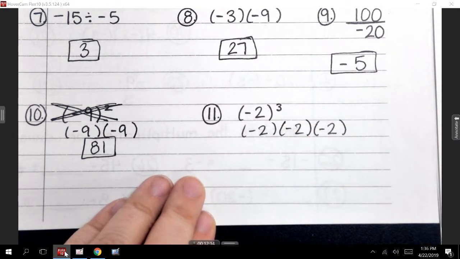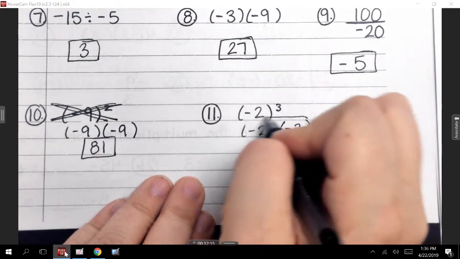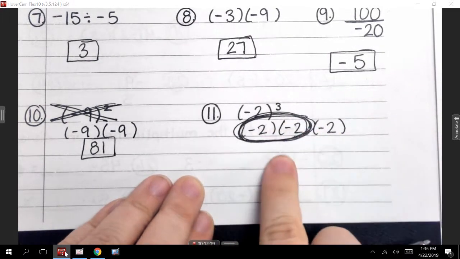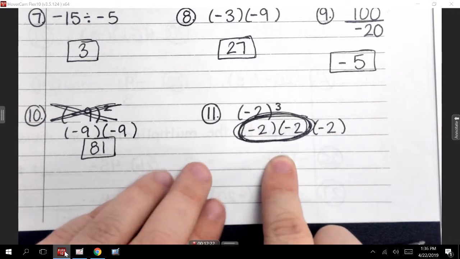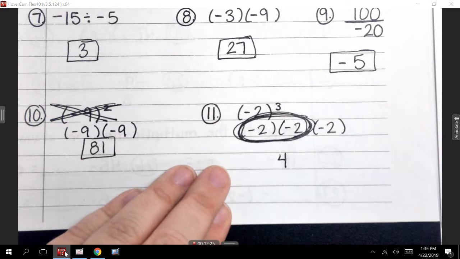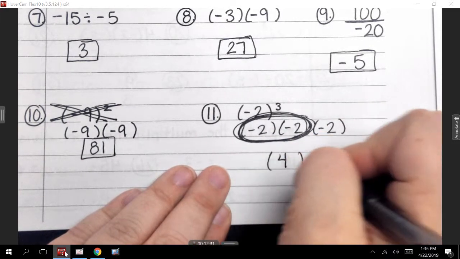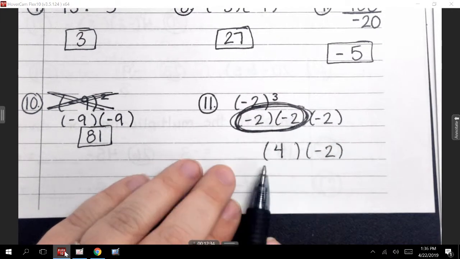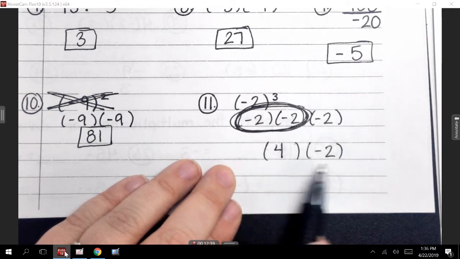Okay. So now this is where we're going to use those memory rules. I can only do 2 at a time. So we're going to do the first 2 numbers. When I look at my first 2 numbers, what do I get? 4. Positive, because they're the same sign, right? So I get 4. I still have a negative 2 here, guys. Now, do I have the same sign or different signs? I have different signs.